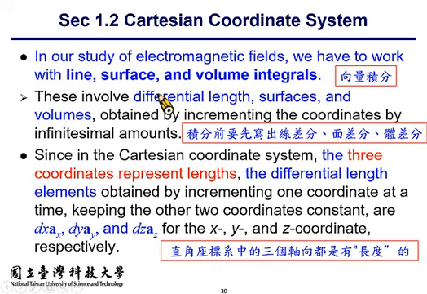In this course, we will need to work on the idea of differentials as well as integrals. To perform integrals, you need to be aware of the idea of differentials, right?